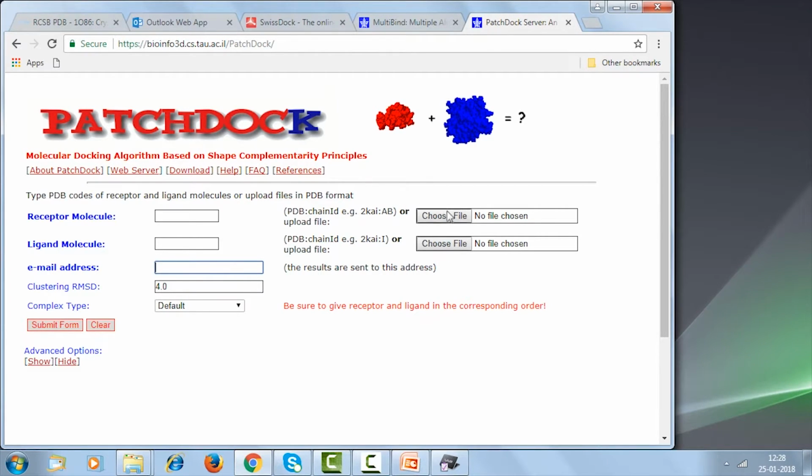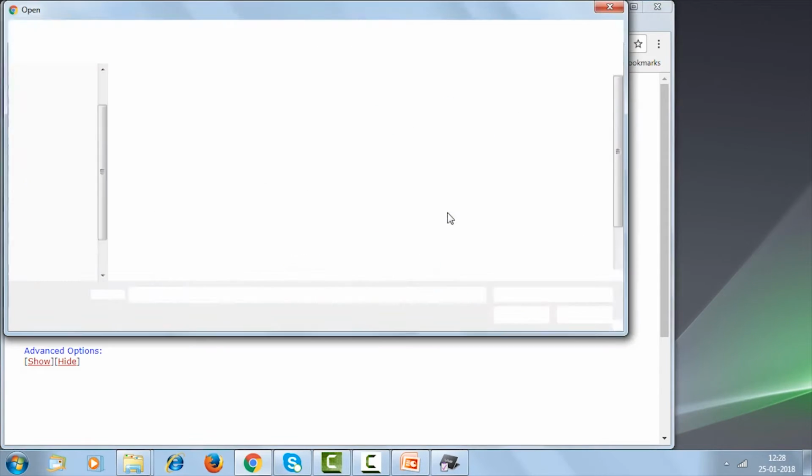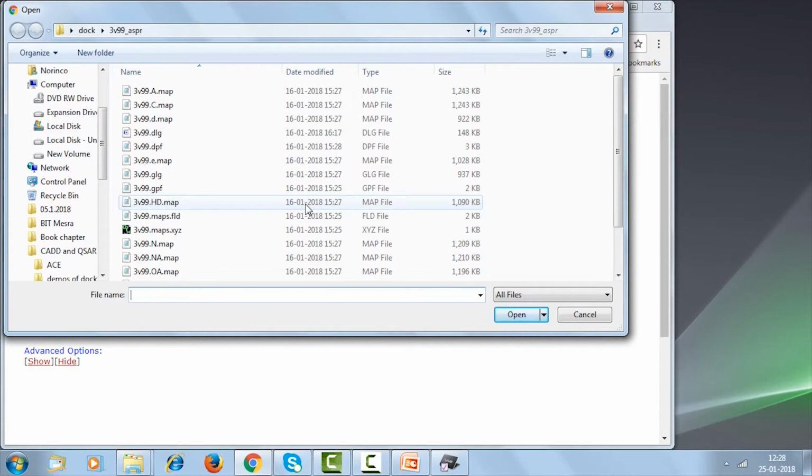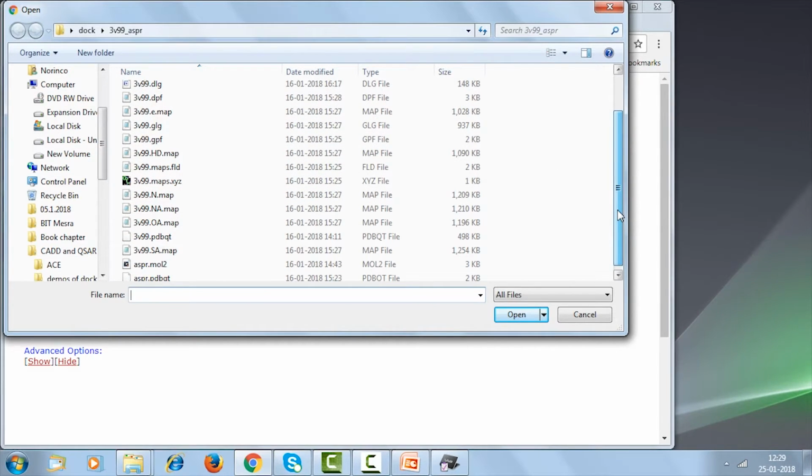It looks at the shape complementarity between the ligand and the protein. The receptor molecule we can choose is our file, PDB 3B99. We have been looking at it for a long time.